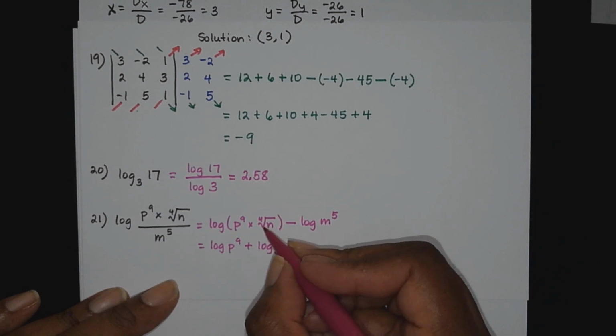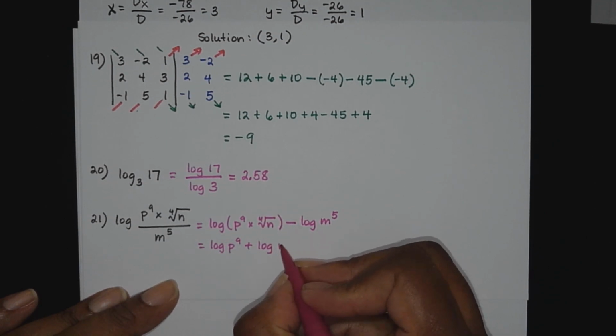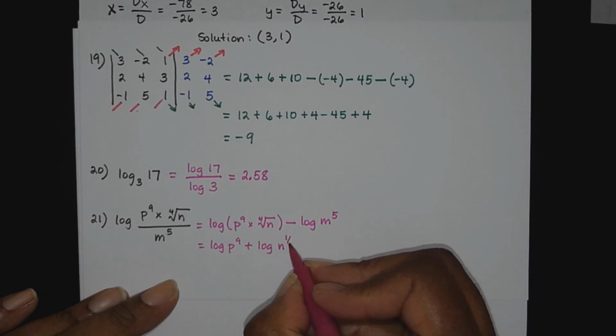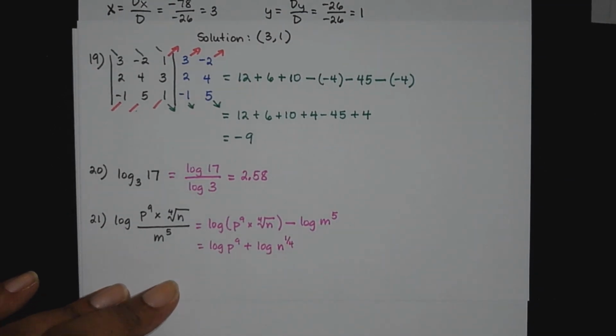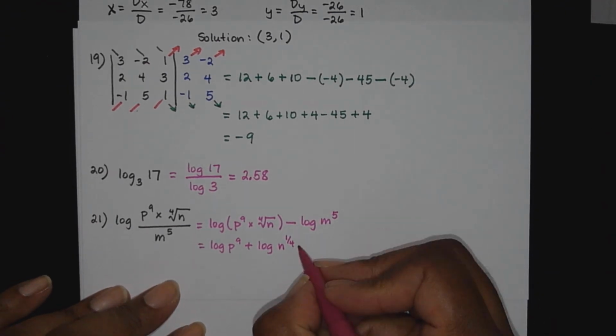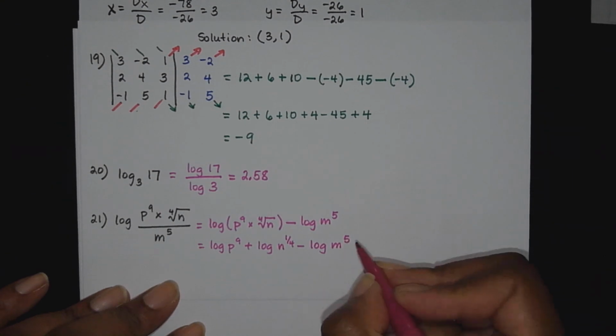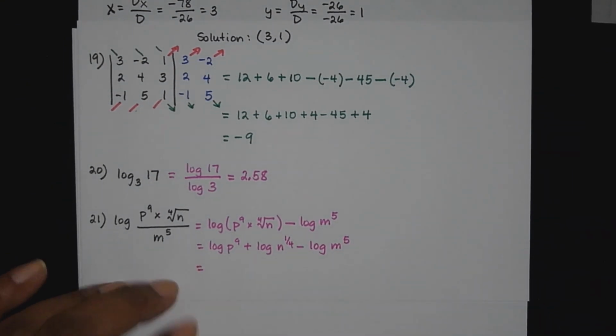I'm going to write that in exponential form. Bring down the n. The exponent for that n is the understood 1. This index of 4 will be your denominator. So the 4th root of n will be n to the 1/4 power minus the log of m to the 5th.